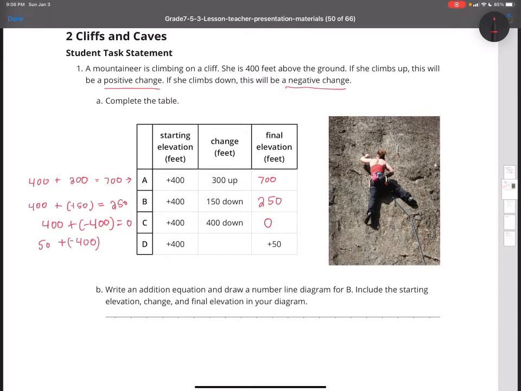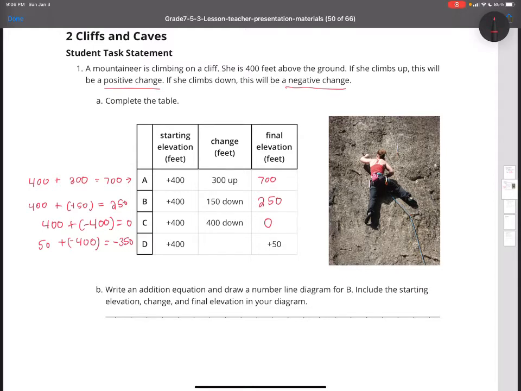So, just like we discussed in one lesson, which I believe was in lesson 2, okay, this is negative 400, which means our answer would be negative, okay? So now I say, okay, what's 400 minus 50? 400 minus 50 is 350. Now, if you have an issue with row D, make sure you refer to your manager's Google Meet session for more clarification. Or you could go back to the Unit 5, Lesson 2 video.